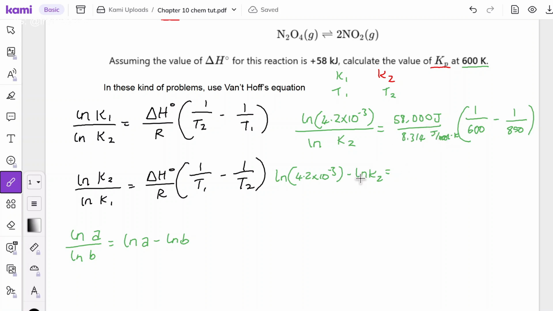And since we're looking for ln of K2, we move this one to the other side, so it becomes negative ln of K2 equal to negative ln of 4.2 times 10 to the negative 3, when you move it to the other side, plus everything else over here.